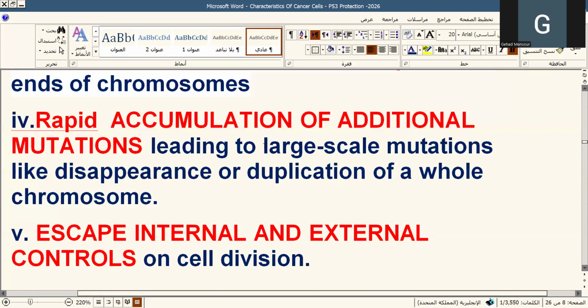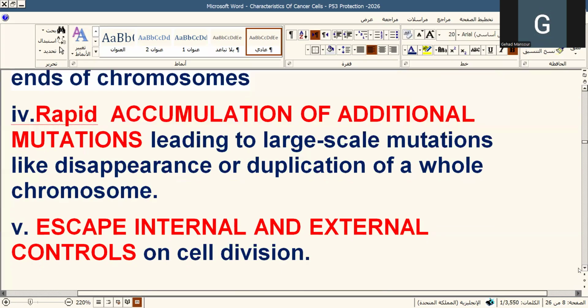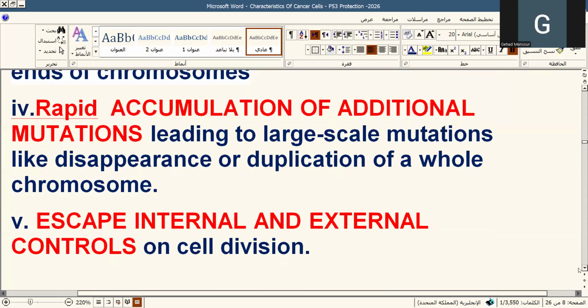A very large scale mutation means that inside the nucleus of the cancer cell, you have plenty of mutations that might lead to a serious event in the cell, like, for example, disappearance of a whole chromosome, or having an extra chromosome. This is something serious because it's not a gene mutation, but it's more than this.